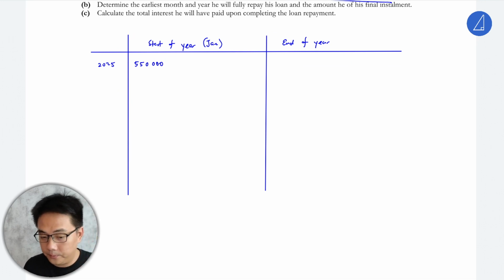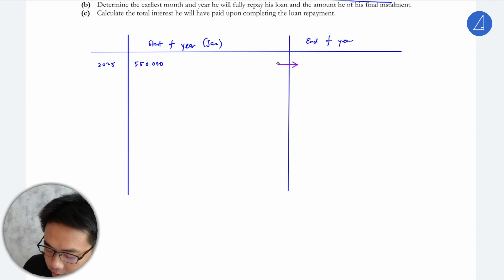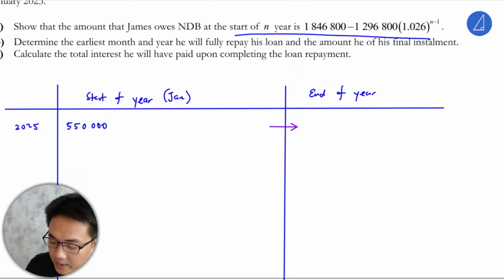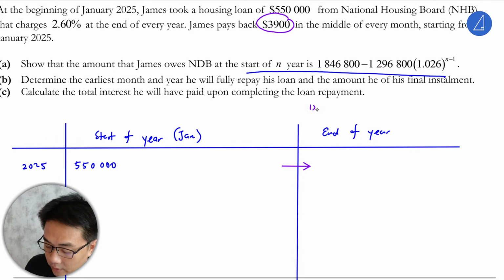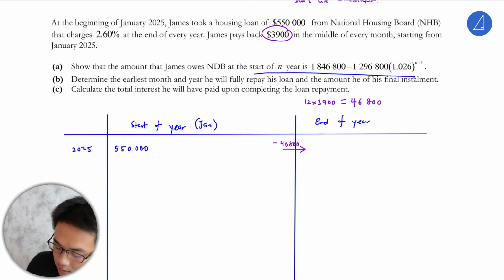In this case, after 12 months at the end of the year, he would have paid 3,900 every month, so 12 multiplied by 3,900 would give 46,800. So minus 46,800. So in this case it will be 550000 minus 46800.